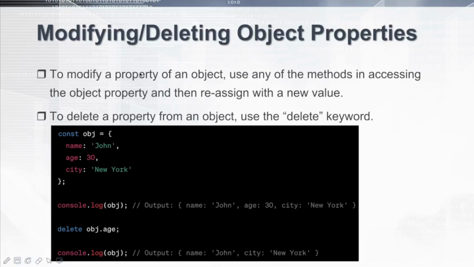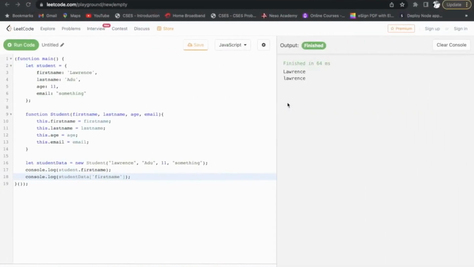To modify a property of an object, use any of the methods in accessing the object property and then reassign with a new value. So in the previous video, we saw that we can use either the dot notation or the bracket notation to access the property of an object. So you can see that in this case, we are using the dot notation, and here we are using the bracket notation.